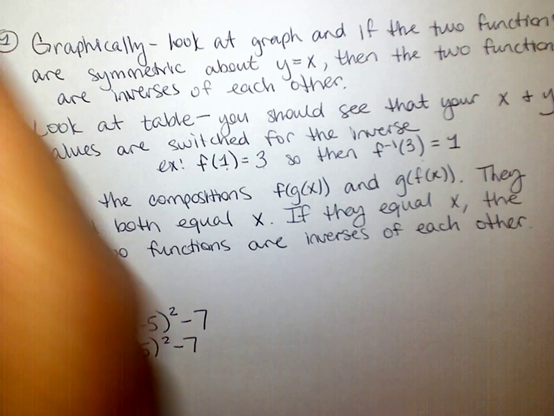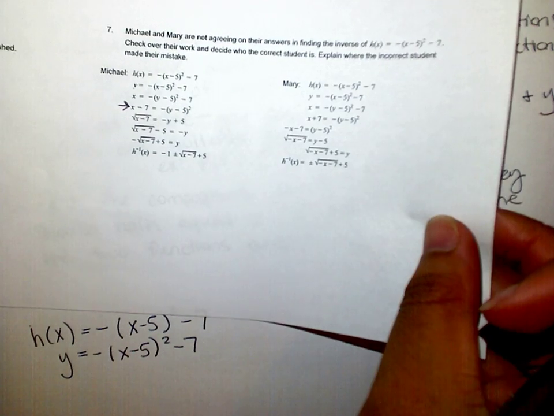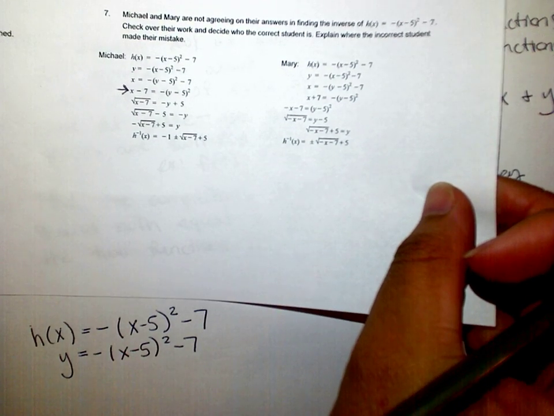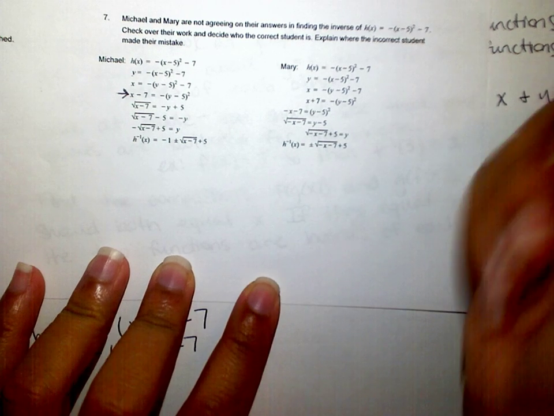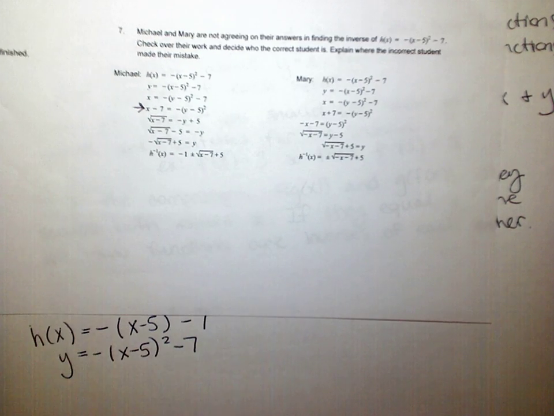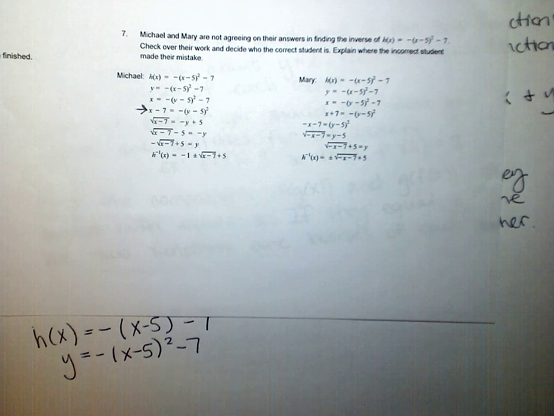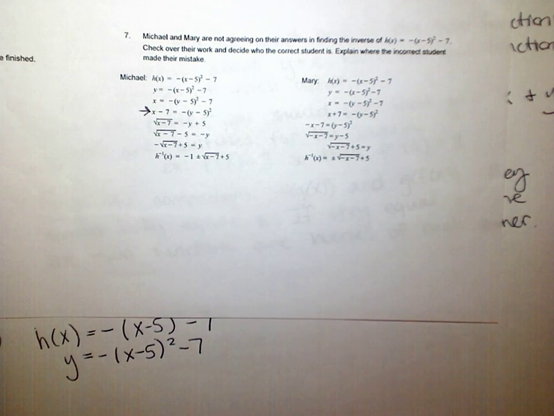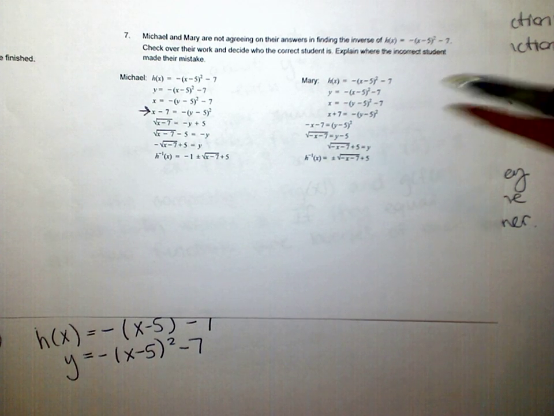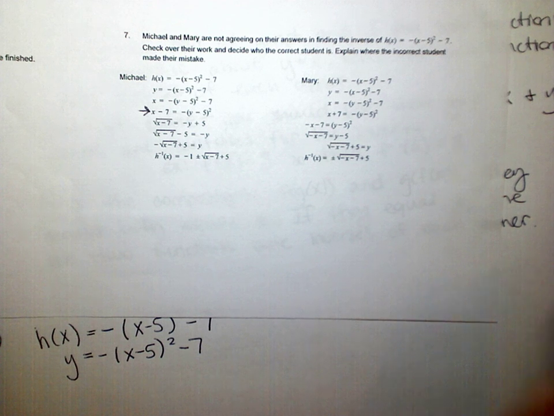So y equals negative x minus 5 quantity squared minus 7. Now let's look at their work. They both started out writing down the equation, which is what we did. So all three of us so far are on the same page.